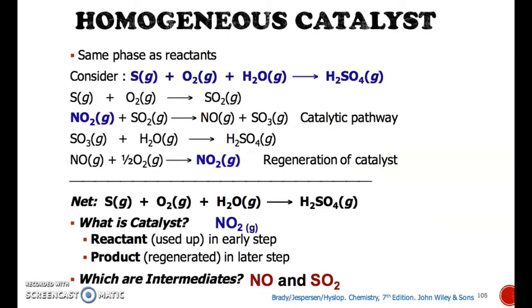So this is the homogeneous catalyst, in the same phase as the reactants. The meaning of homogeneous is that they have the same phase. Look at these gases, all in the same phase. When you look at the catalyst here, it is NO2, as a reactant and also in the product.